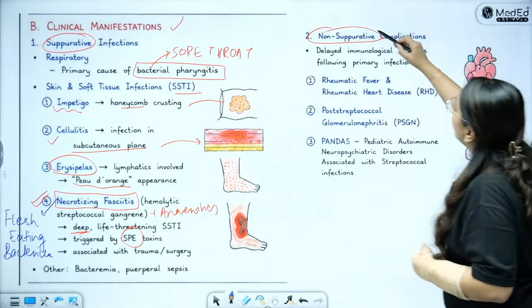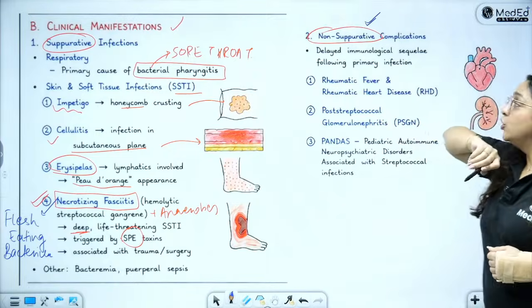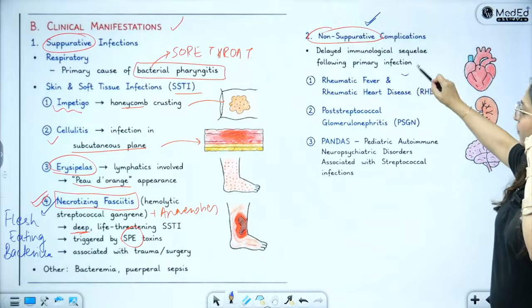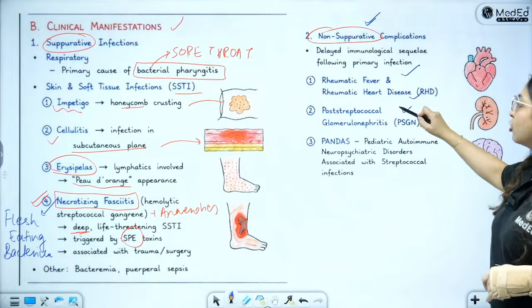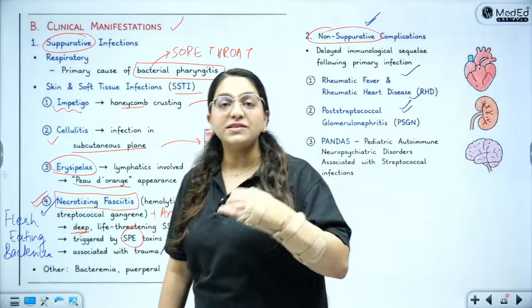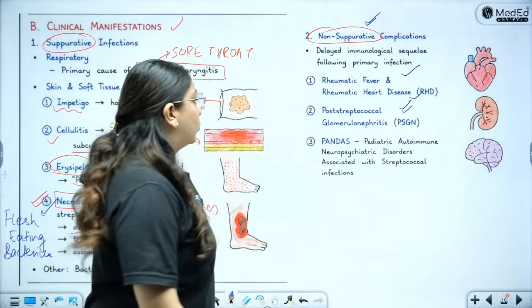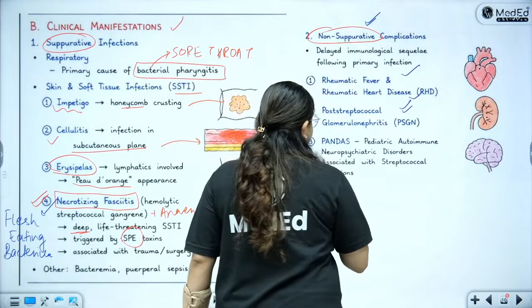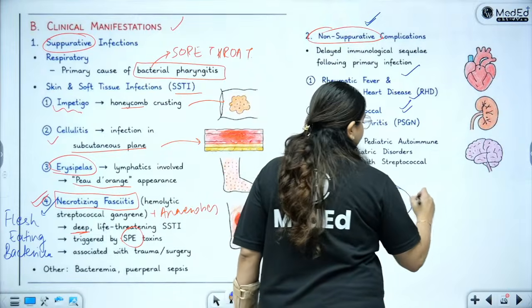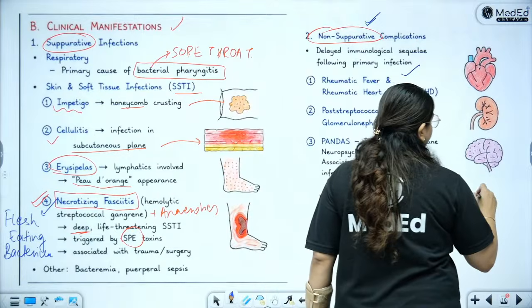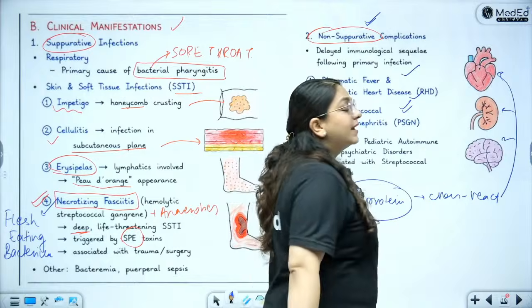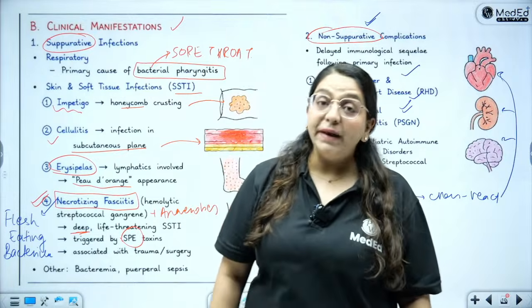Then you have non-suppurative complications. Non-suppurative complications include rheumatic fever, rheumatic heart disease, and post-streptococcal glomerulonephritis. And you know the reason: cross-reacting antibodies against the M protein. They cross-react with antigens present on the heart, kidneys, nails, skin and the brain.